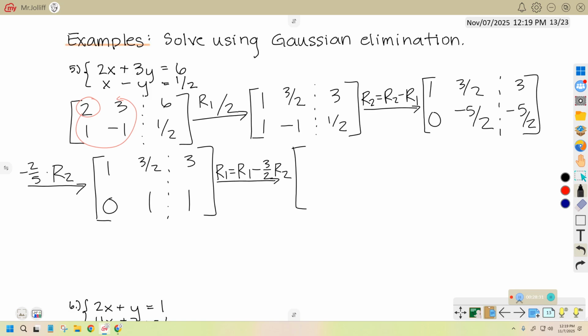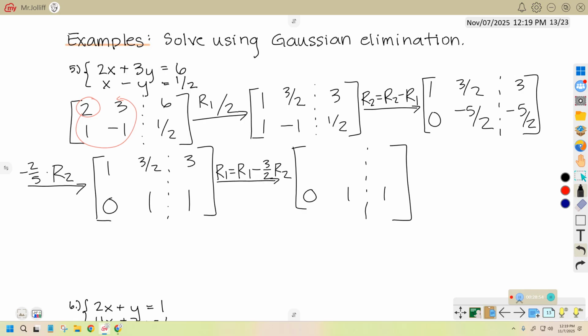Which row is not changing? 2. I'm modifying row 1. So this is going to stay 0, 1, 1. And then for the top, I am taking 1 minus 3/2 times 0.